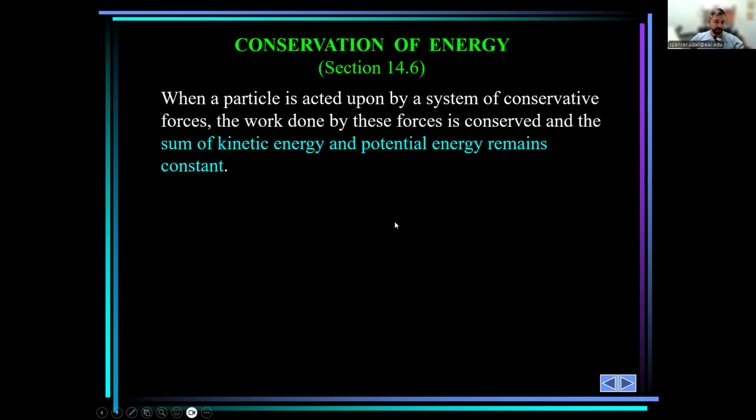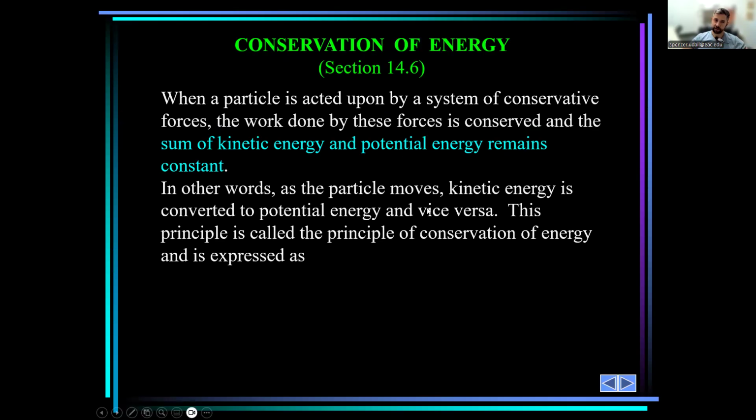So putting this all together, we're going to come up with the idea of conservation of energy, where we're essentially saying as the particle moves, right, and think of our roller coaster, right? As it goes up and down, we're either converting the potential into kinetic or we're converting that kinetic back into potential as we go back uphill, right?